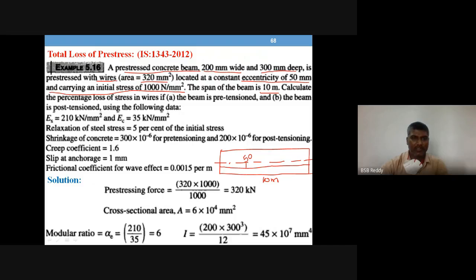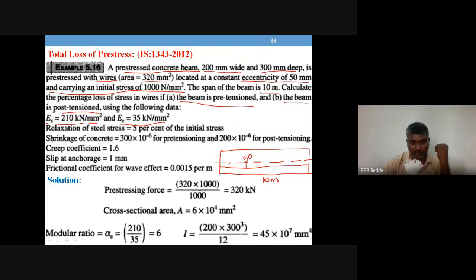Calculate the percentage of loss of stress in wires for both the cases, treating the beam as pre-tension and also treating the beam as post-tension, and use the following data. Young's modulus of steel is 210 kilonewton per mm square.